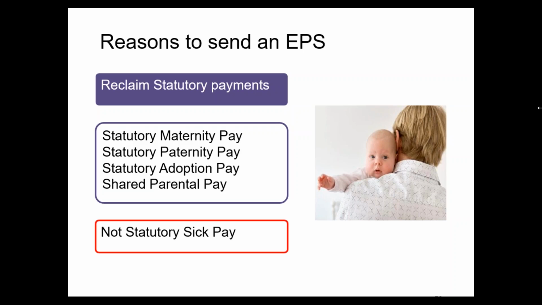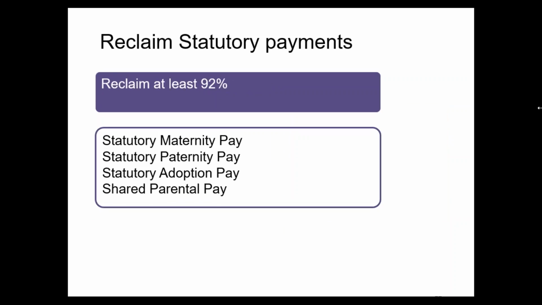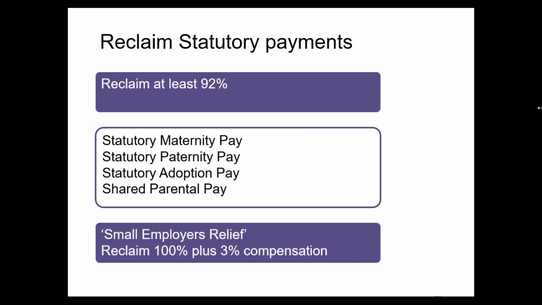You cannot reclaim statutory sick pay though. All employers can reclaim at least 92% of these statutory payments, and some employers can reclaim the full amount of the payments plus an additional 3% compensation payment. This is called Small Employers Relief, and you can find more details on the gov.uk website.